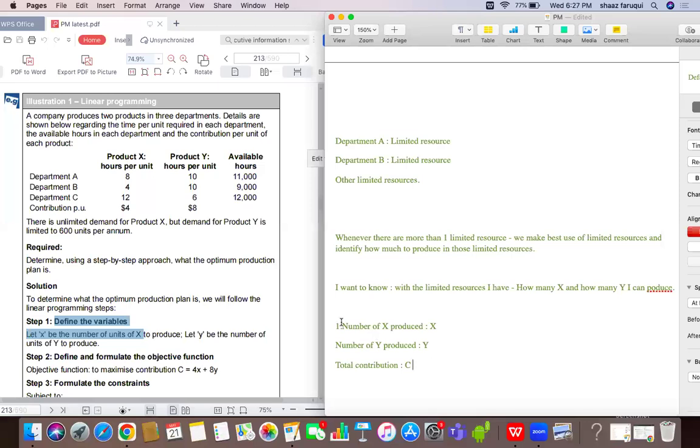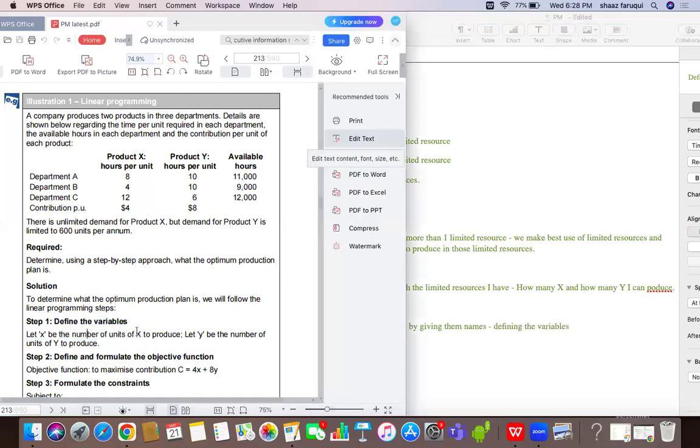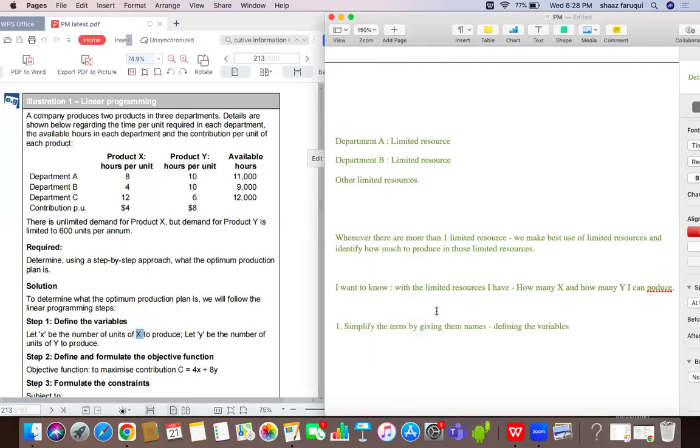So the first step is to simplify the terms by giving them names, which is basically defining the variables. So from now on, number of X's produced will be denoted by X. Number of Y's produced will be denoted by Y. Total contribution will be denoted by C. So from now on, whenever I say C, it means total contribution.